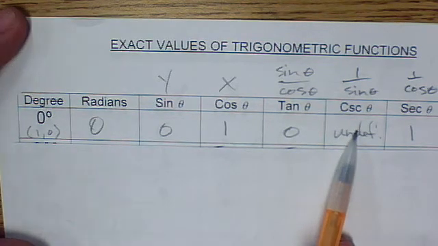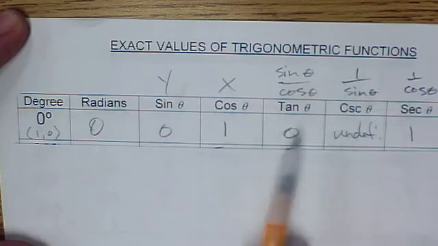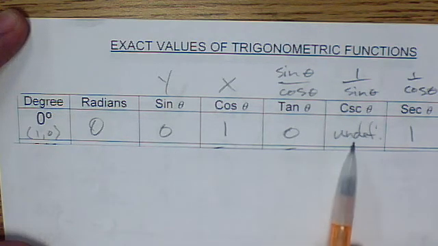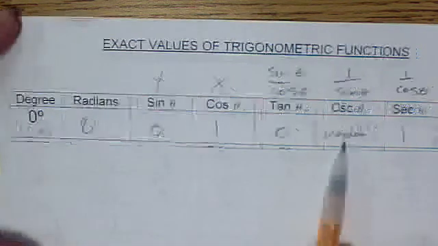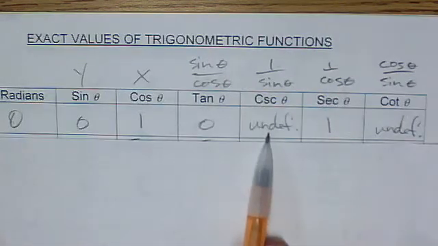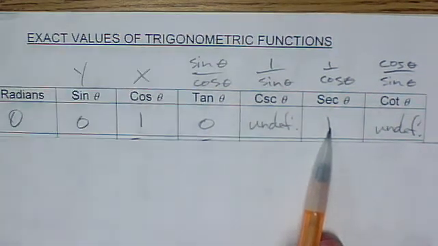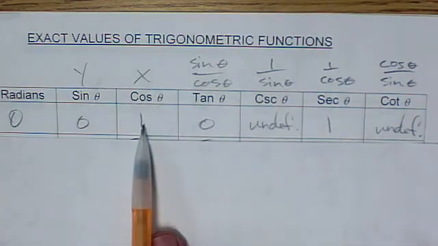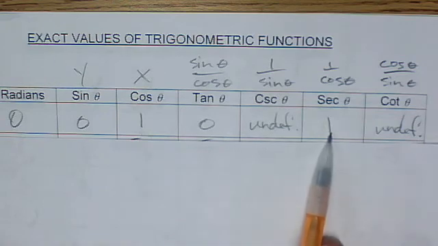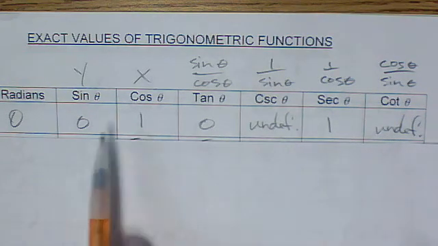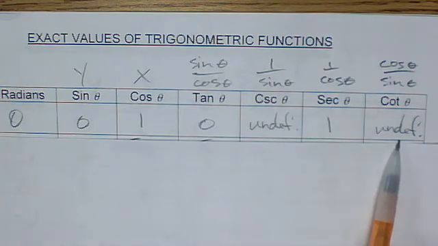The cosecant of 0 degrees is the reciprocal of sine, so 0 over 1 becomes 1 over 0, which is undefined. The secant of 0 degrees is the reciprocal of cosine, so 1 over 1 becomes 1 over 1. And then the cotangent is the reciprocal of tangent, or cosine over sine, so 1 over 0, again, is undefined.